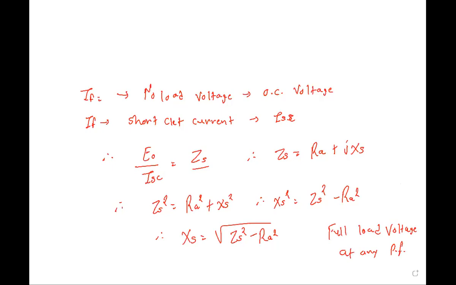By using the phasor diagram, you have this voltage V. From that we can easily find the voltage regulation, E0 minus V divided by V, multiplied by 100. So we can find the percentage voltage regulation by using this method. That method we learned in the last lecture.